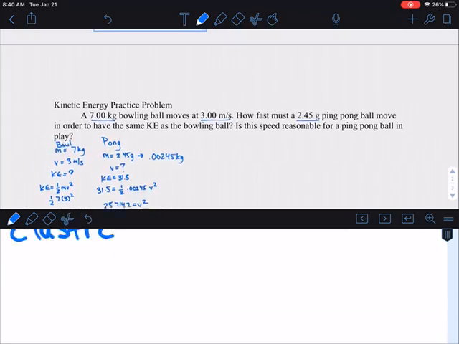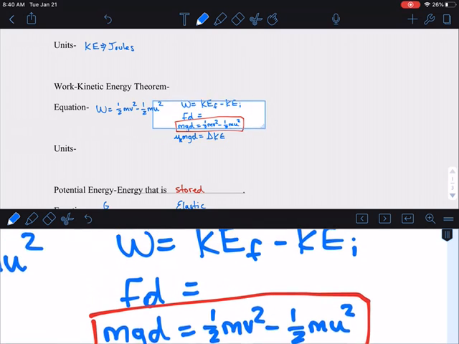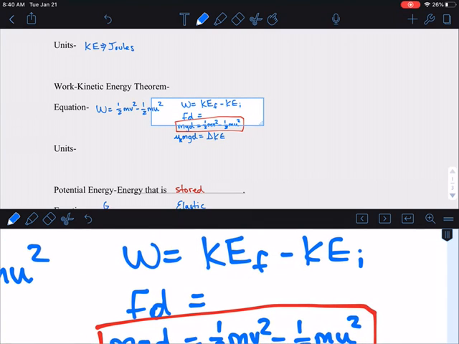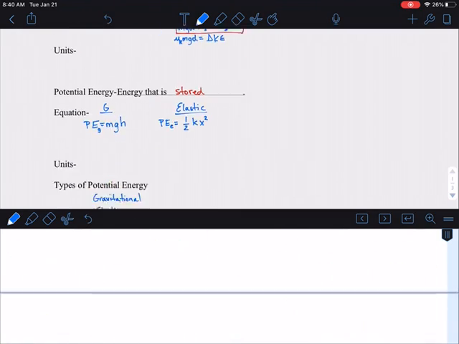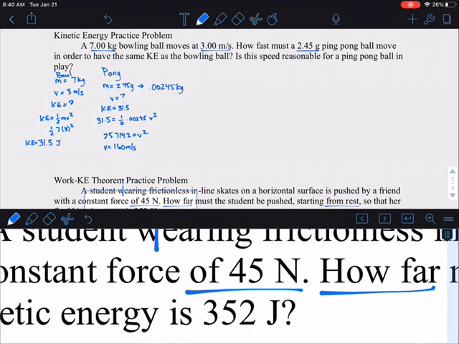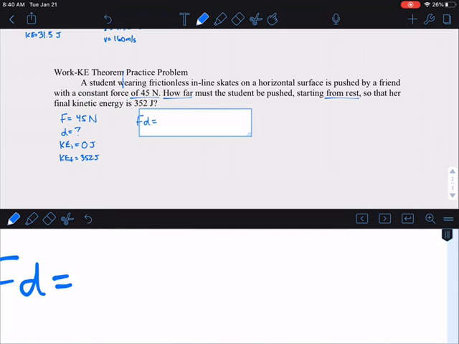I'm going to go back up and look at my work kinetic energy theorem. There are several ways we can look at this. On the left side I have force, and I'm looking for displacement, so FD. On the right side I can have the change in kinetic energy, final minus initial, or 1/2 mv squared minus 1/2 mu squared. We're actually given the full kinetic energy, so I can use final kinetic energy minus initial kinetic energy.